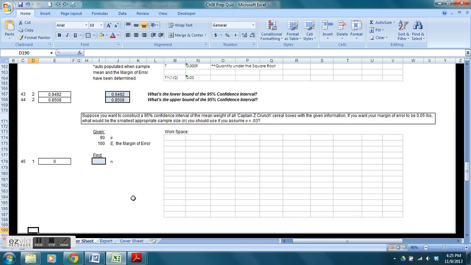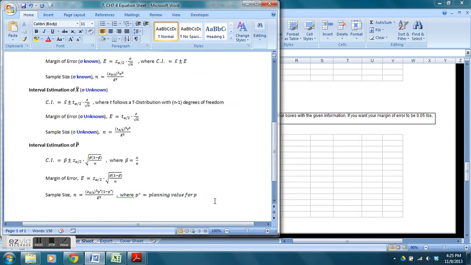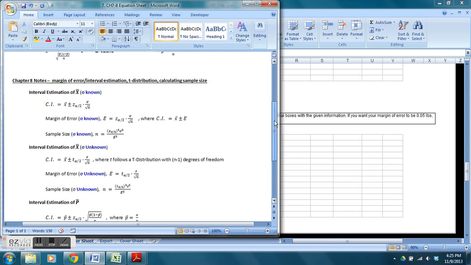So we need to find an equation that is going to solve for n, and we can look in our equation sheet. We're not using a proportion, so we wouldn't want to use that. We either want to use this one or this one.